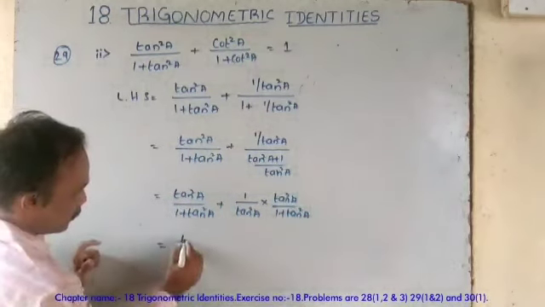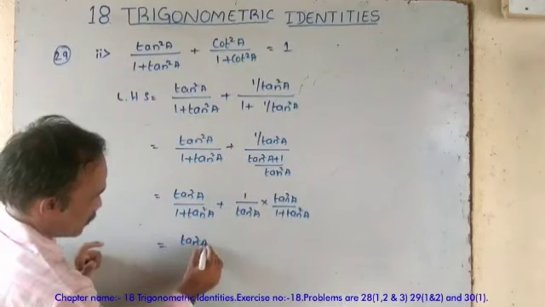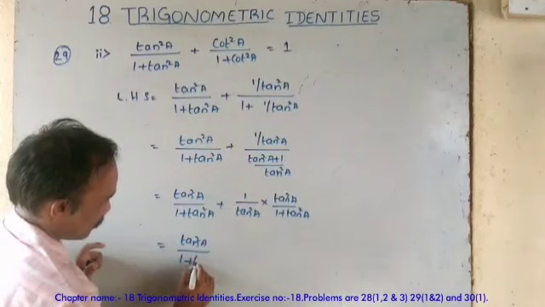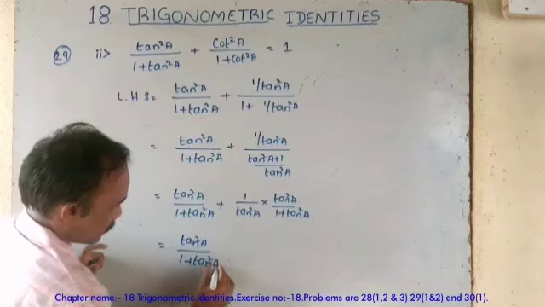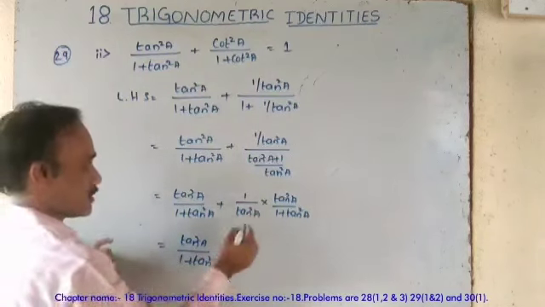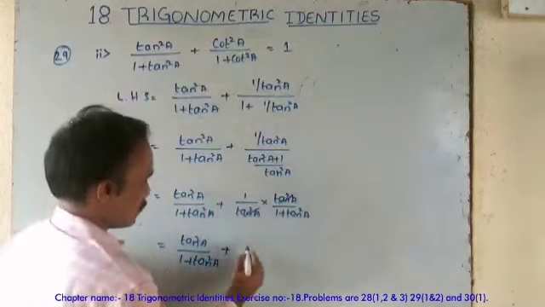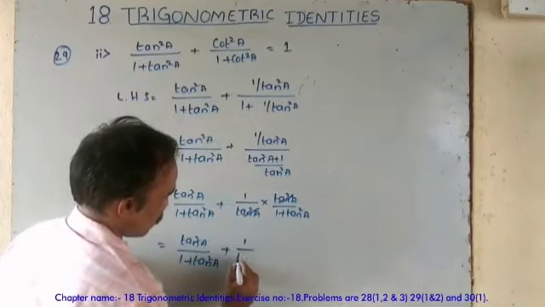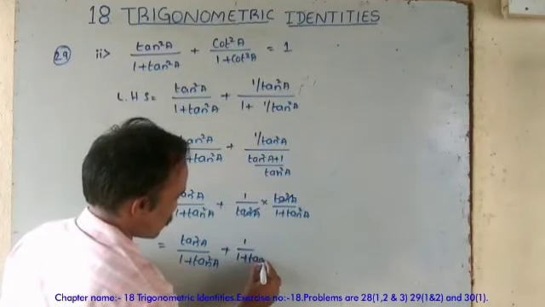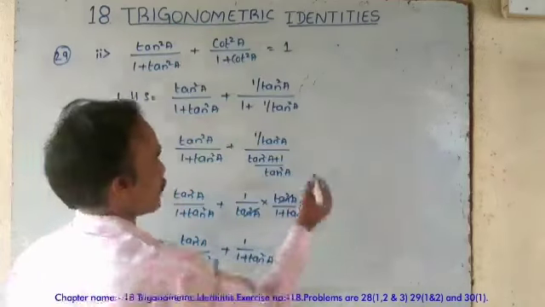So this is equal to tan square A as it is divided by 1 plus tan square A also as it is, plus, as these two get cancelled, 1 divided by 1 plus tan square A, as I will write here.